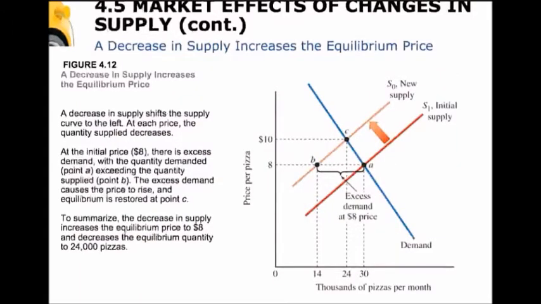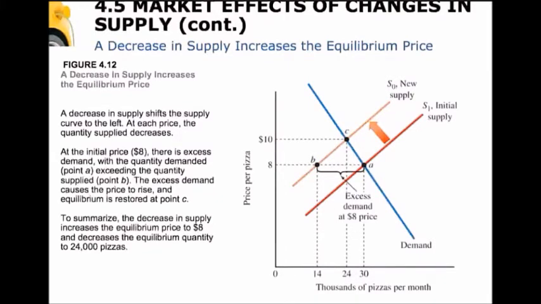The market effect of a decrease in supply is the opposite of an increase in supply. Suppose we look at the market for pizzas, and we start out at an initial supply curve S1 and the demand curve. We have an equilibrium at point A where the price is $8 and the quantity is 30,000 pizzas per month.